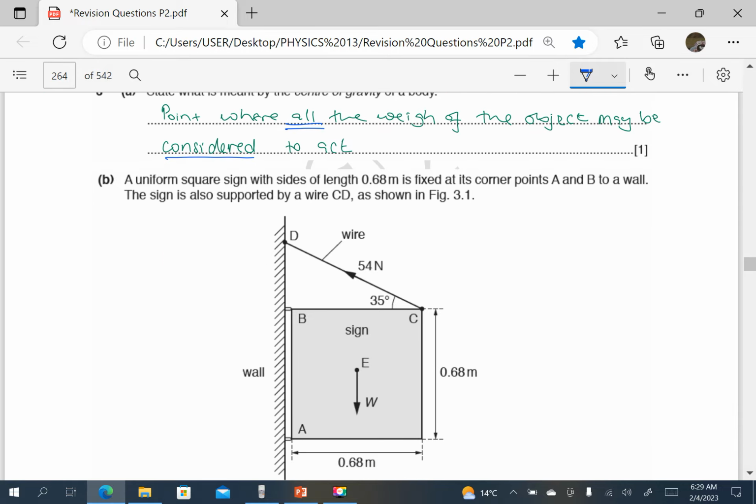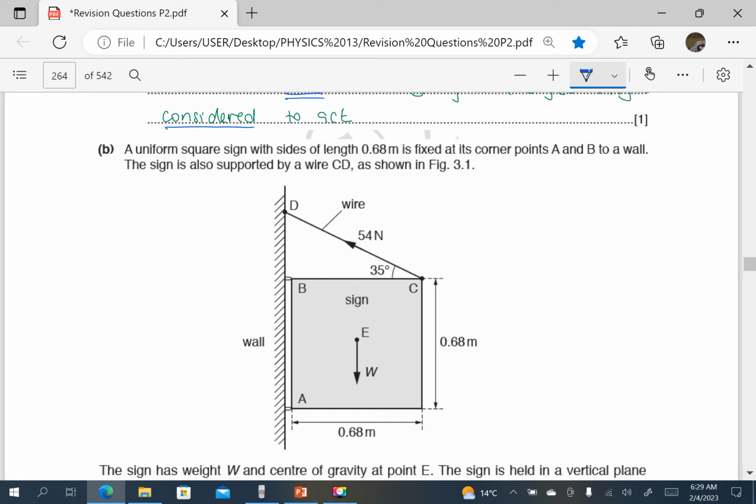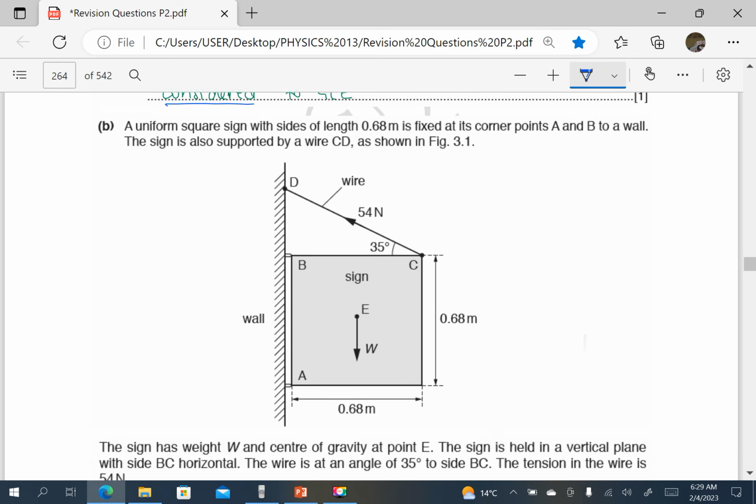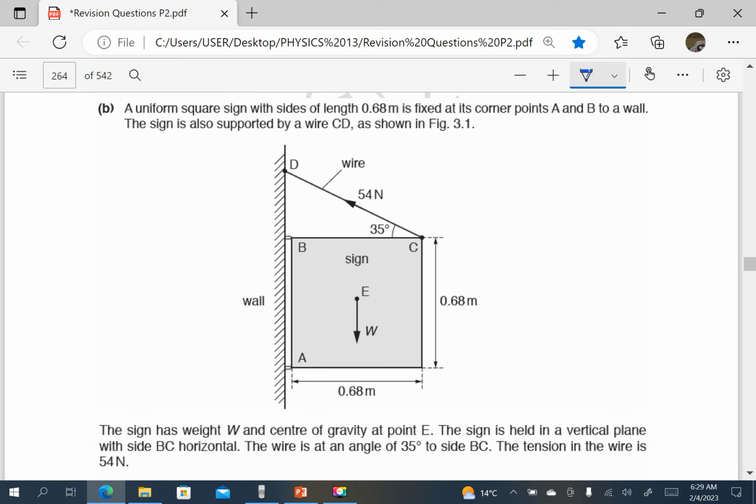A uniform square sign with sides of length 0.680 meters is fixed at its corner points A and B to the wall. The sign is also supported by a wire CD as shown here. So let's look at the sign.